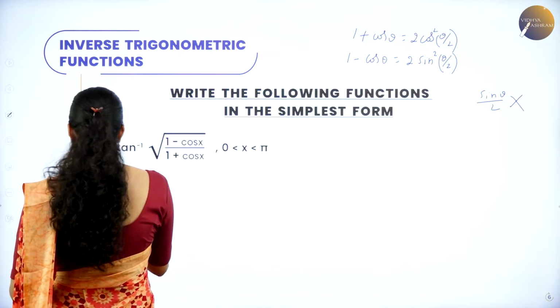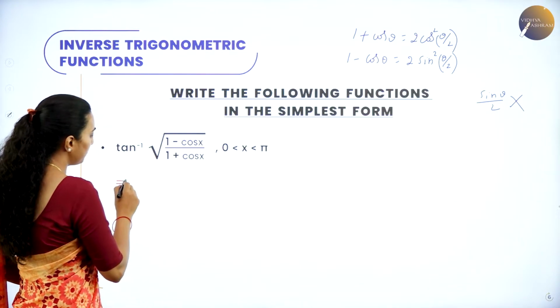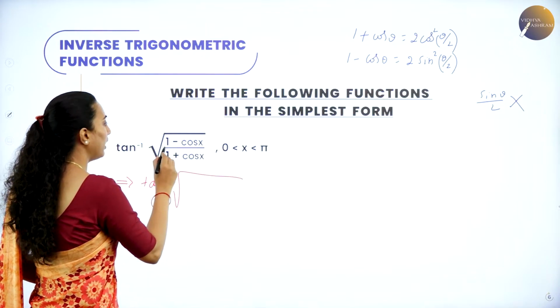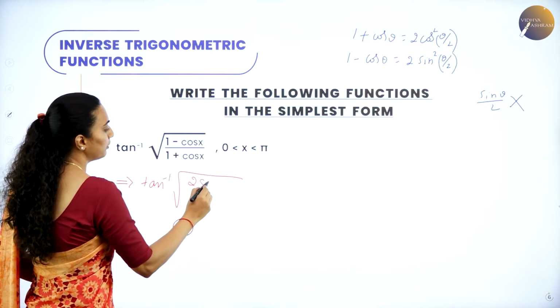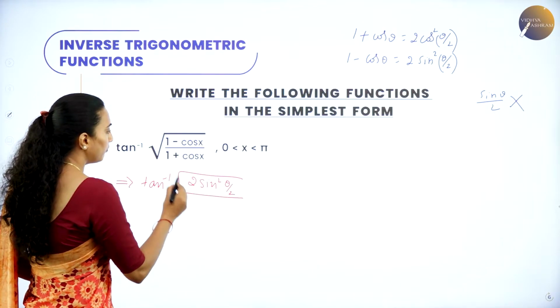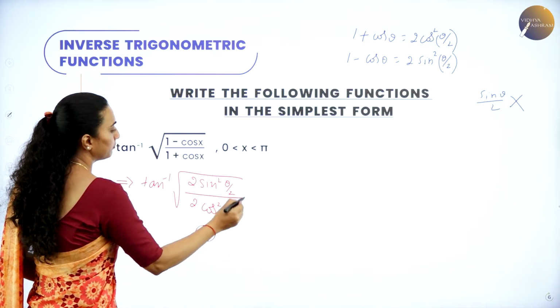So substitution. Therefore, you are going to have tan inverse of under root 1 minus cos theta is 2 sin squared theta by 2 divided by 1 plus cos theta is 2 cos squared theta by 2. Correct?